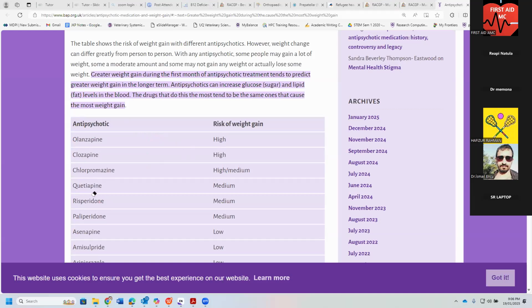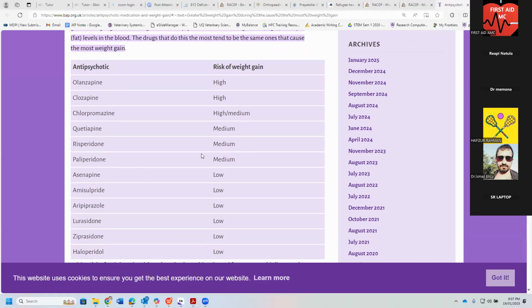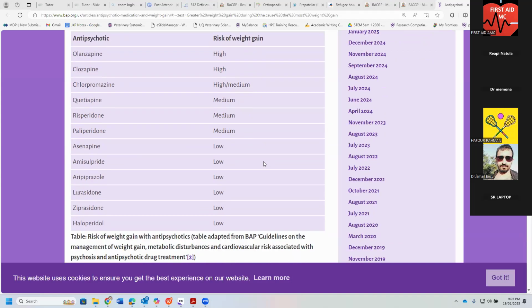Chlorpromazine, gone. Quetiapine, medium risk. So quetiapine plus minus. Risperidone plus minus. Paliperidone, medium. Which have low risk? Olanzapine, amisulpride, aripiprazole, lurasidone, ziprasidone, and haloperidol, right?